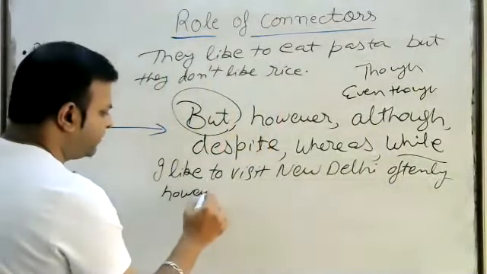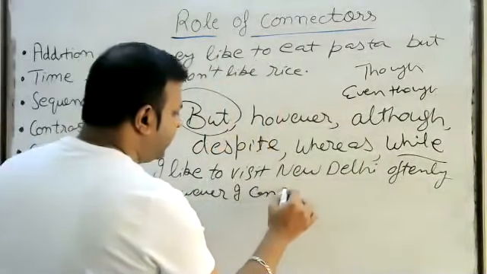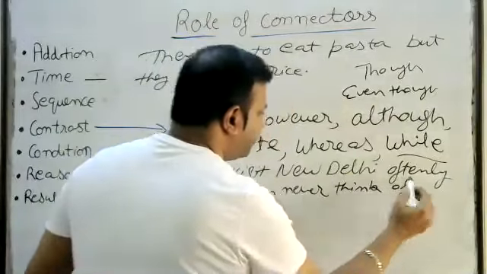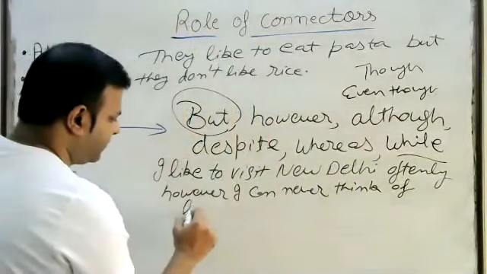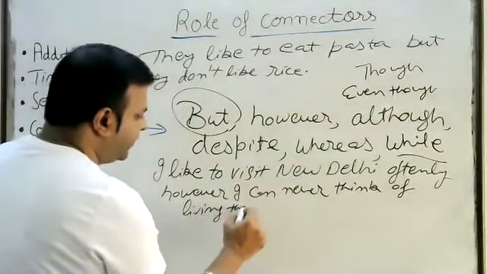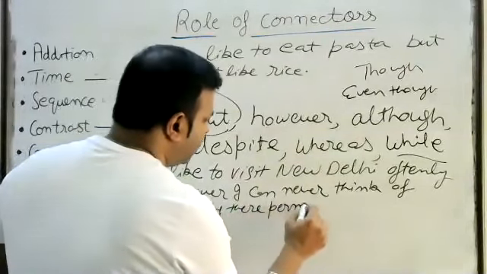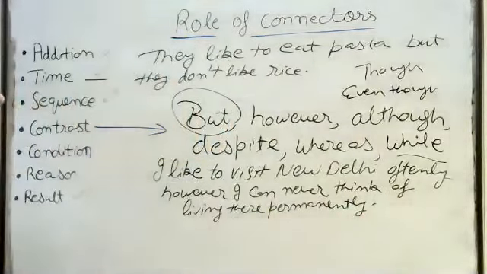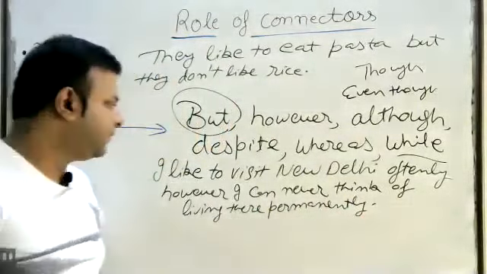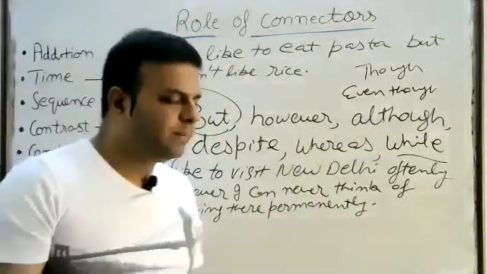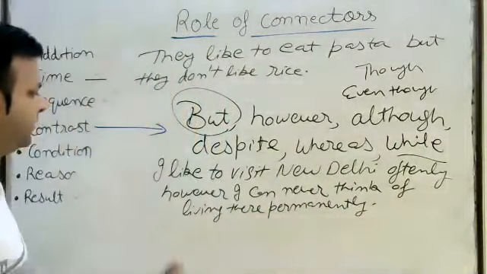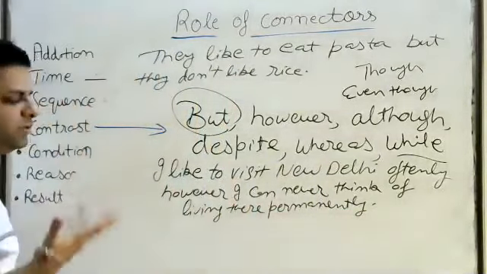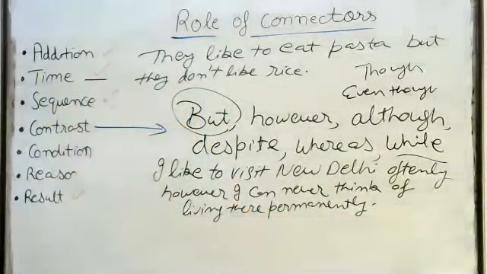However, I can never think of living there permanently. I like to visit New Delhi often. However, I can never think of living there permanently. So instead of using but here, I've used however. I'm contrasting because I have a sentence.